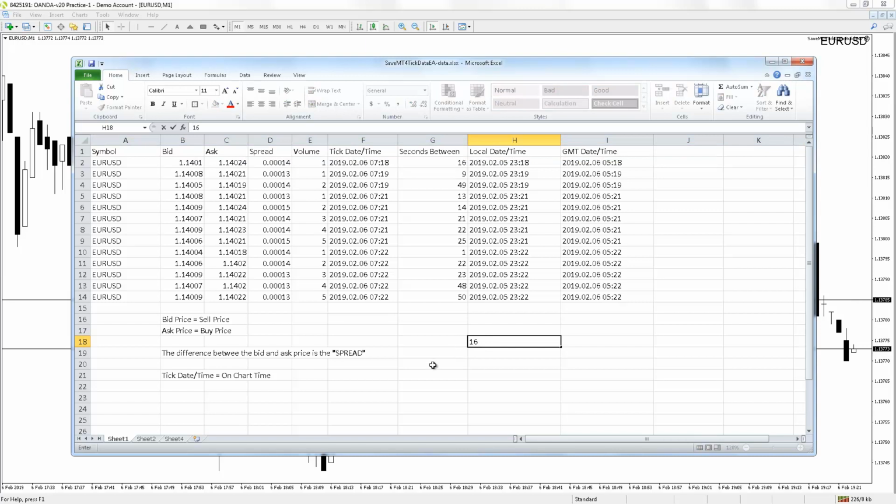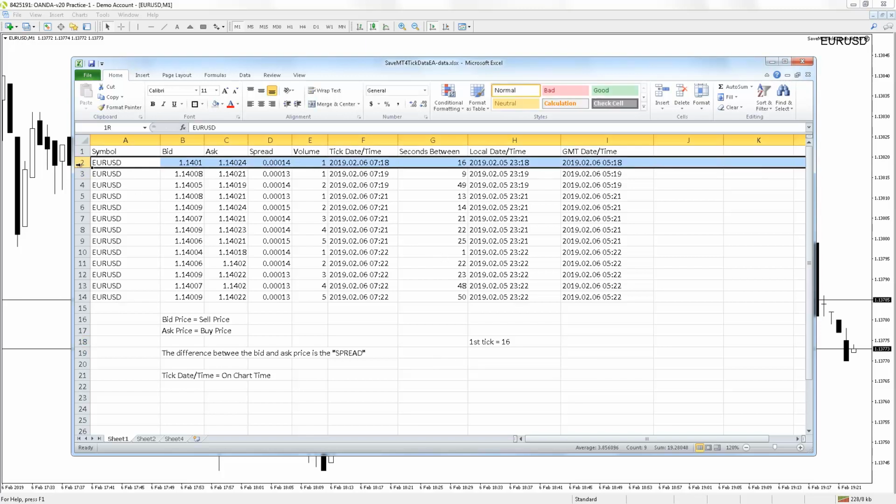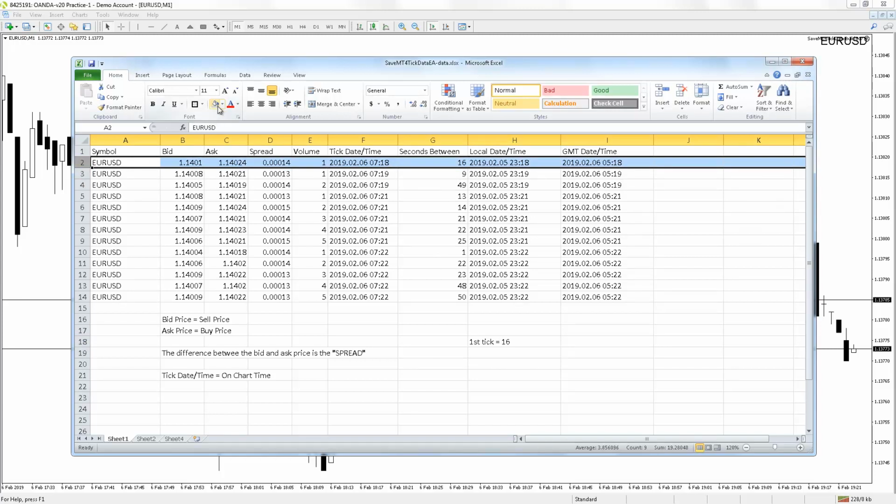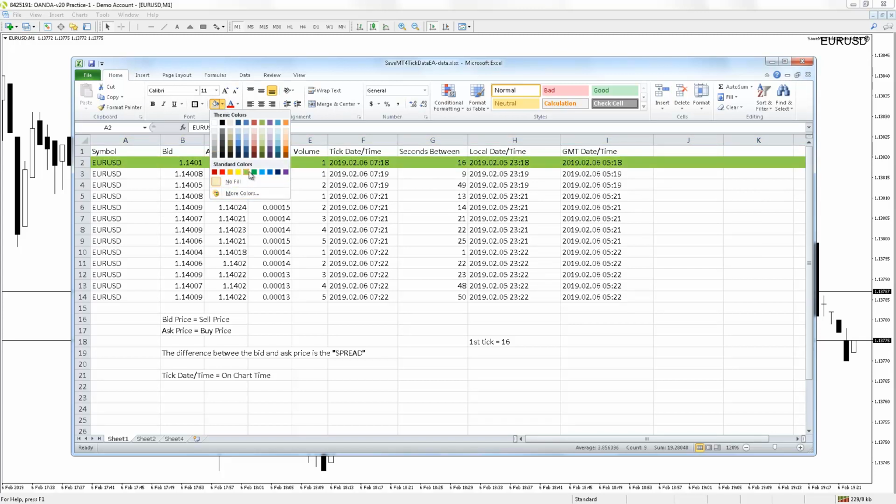The first tick equals 16. Okay, so that's the first tick right there. The second tick, in fact, let's highlight. This is the first tick. I'll highlight it green. Highlight this green as well.